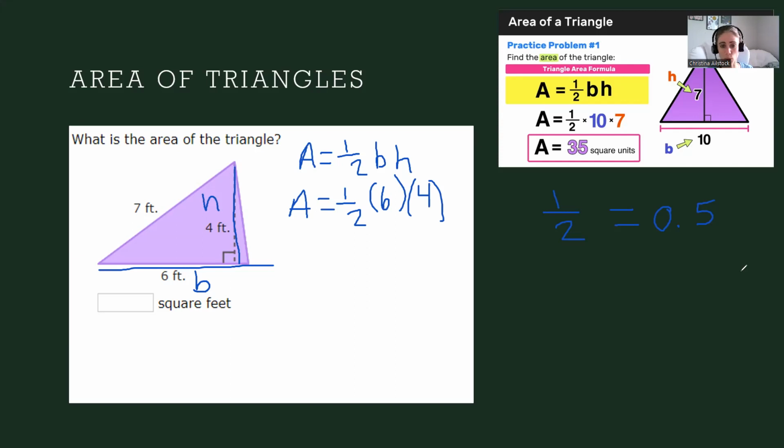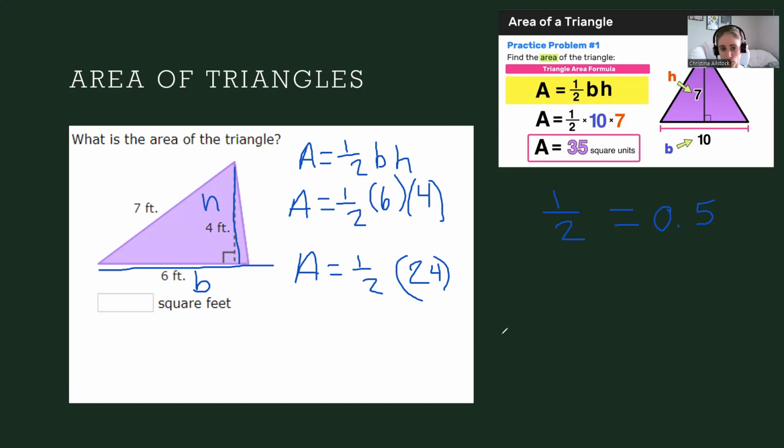So you can multiply by 1/2, but an easier way to think of it is to divide by 2. So first off, let's do, oops, I forgot my equal sign. Let's do 6 times 4, which is 24. And again, you can just multiply that by 1/2, but that's otherwise known as dividing by 2.